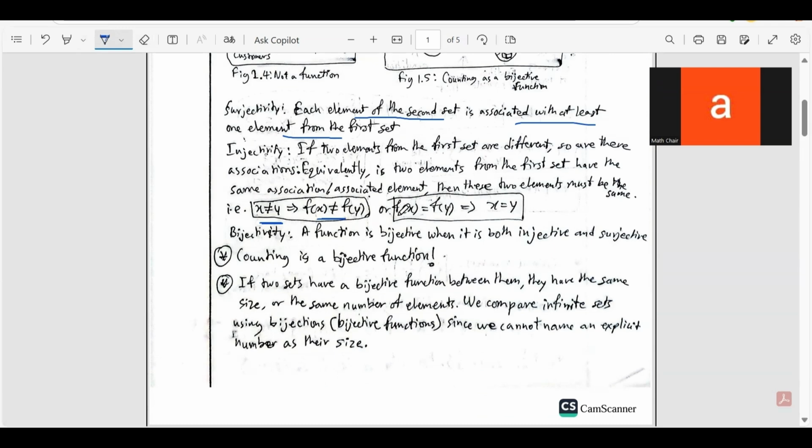Or an equivalent thing I could say is, if two elements from the first set, let's say x and y, are such that they are related to the same element in the second set, then it must mean that these two elements, x and y, are actually the same. So simply put, if the elements are different, they're related to different elements. If they're related to the same element, then the elements are the same.